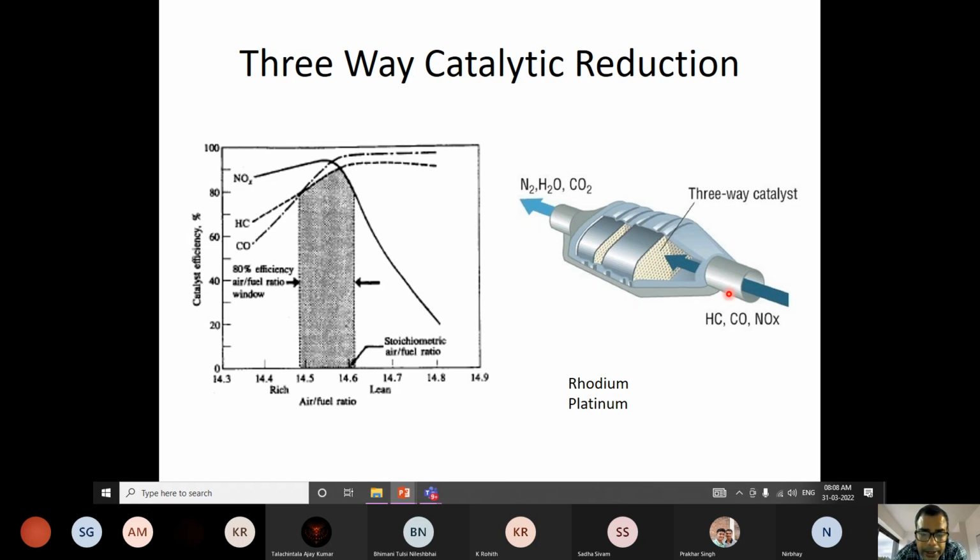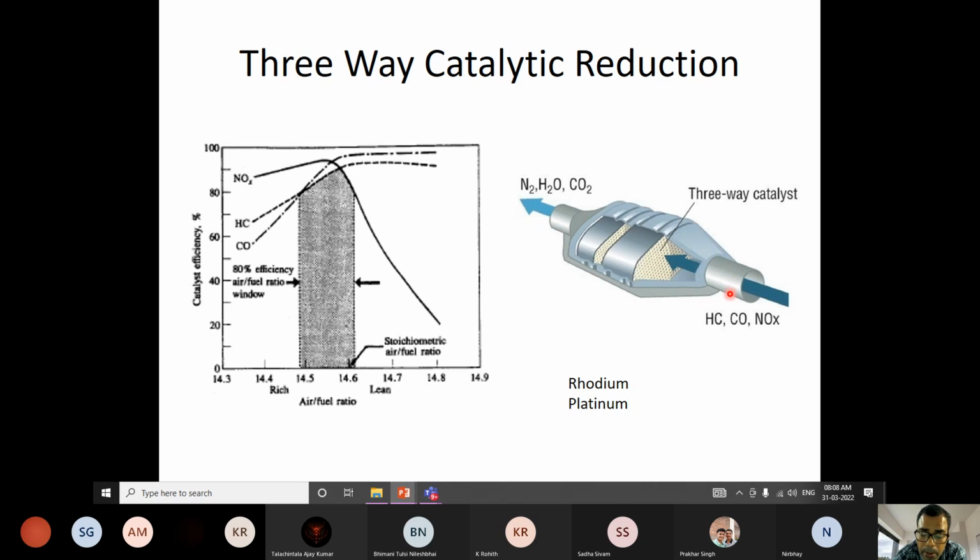Either do the combustion control in such a way that you don't allow the pollutants to be formed inside the combustion chamber, or it should form only within a limit.